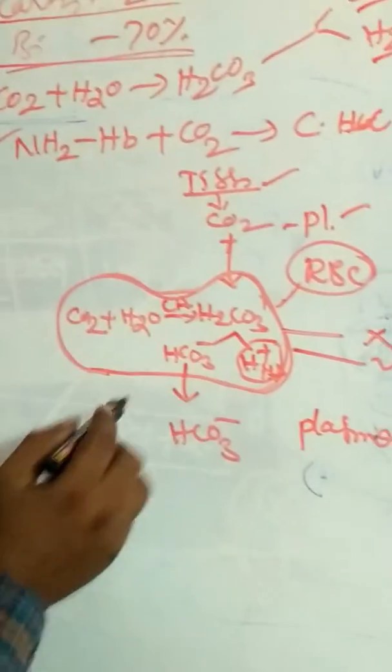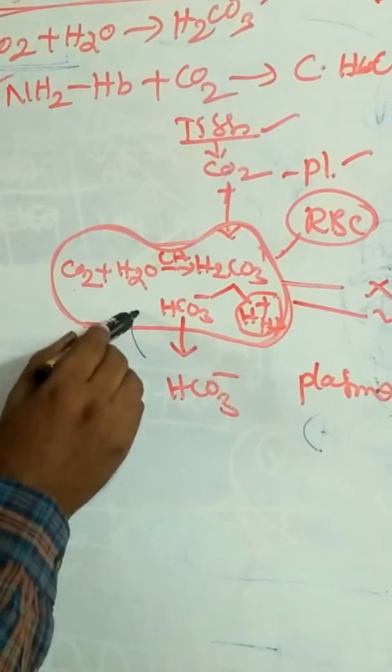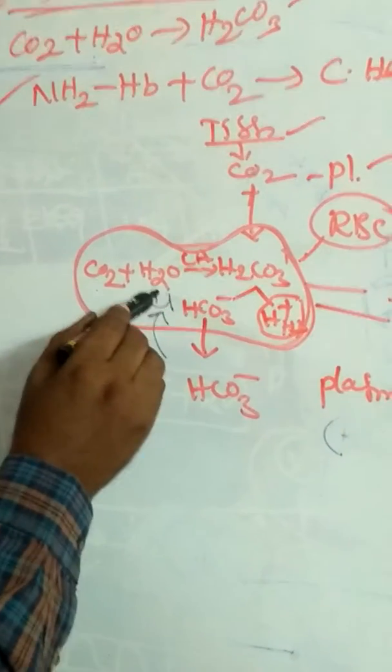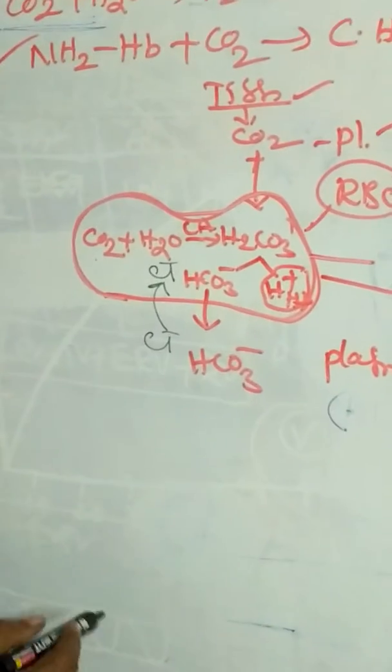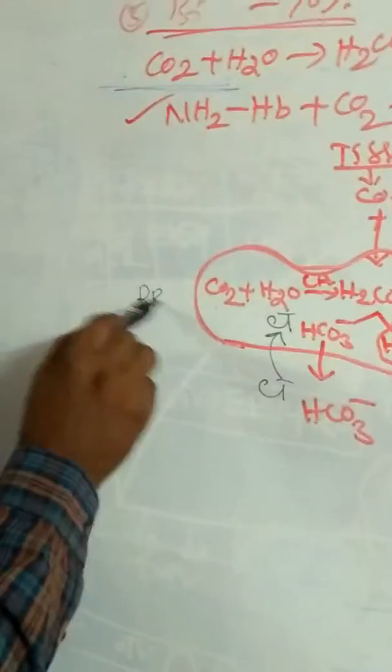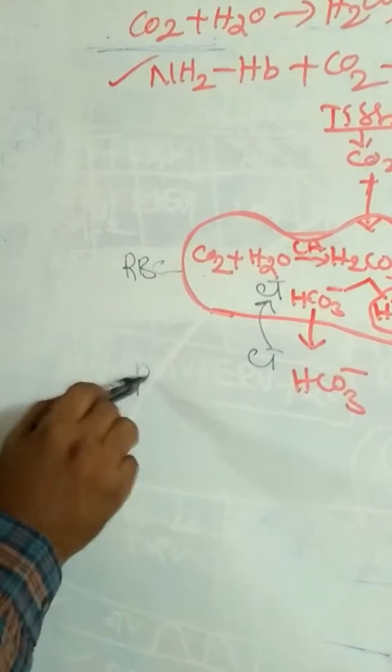To compensate for the anions in the RBC, some of the chloride ions, Cl minus ions, from the plasma enter into the RBC.